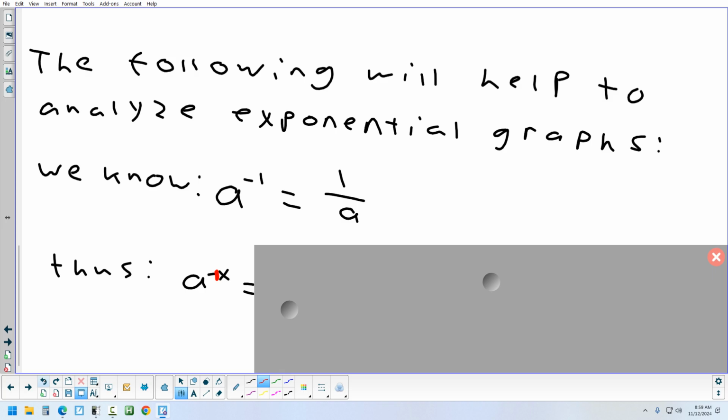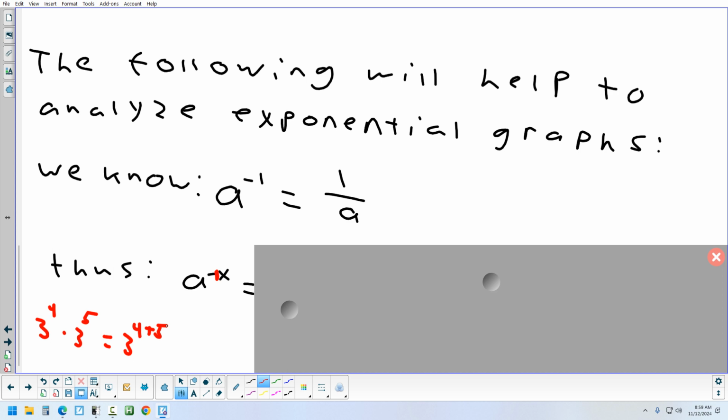Two similar bases added? If you have two bases that are the same, like 3 to the 4th times 3 to the 5th, you do add the exponents and get 3 to the 4 plus 5 power.